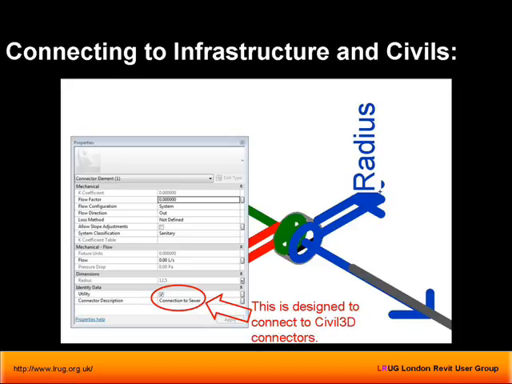As long as you give it a connector description, you can then connect that through to Civil 3D, and that will take the data through from your underground drainage into Civil 3D. So you can start to build up possibly a campus of buildings with Revit and Civil 3D and get all of that data through, which is probably kind of useful.